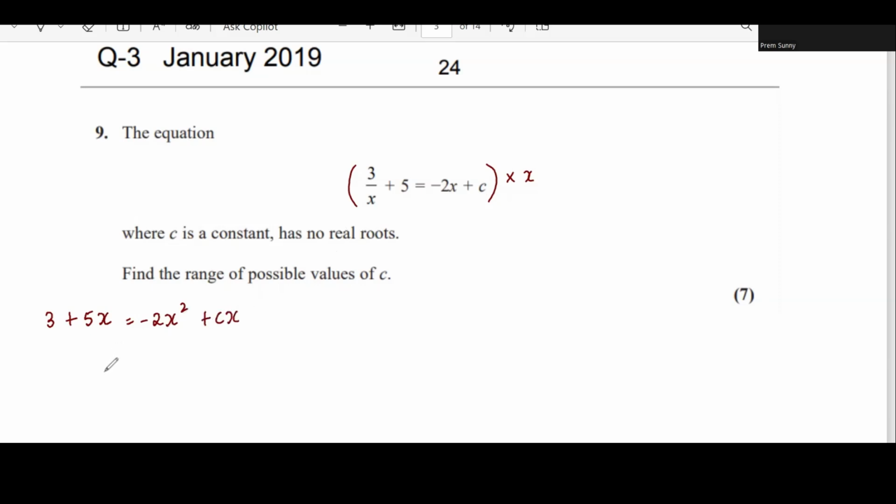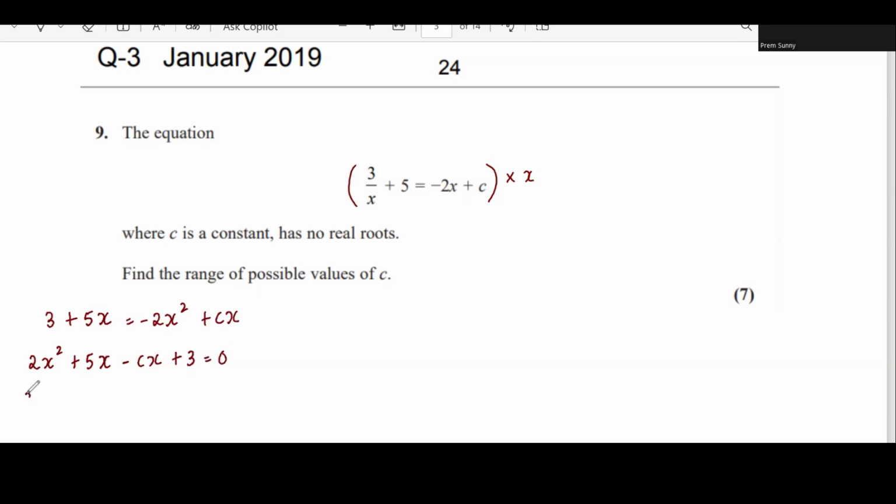Bring all the terms to one side. When you are bringing the terms to one side, make sure that the coefficient of x² is positive, so that the calculation will be easy. -2x² goes to the other side, becomes positive 2x², plus 5x. Positive cx goes to the other side, it becomes -cx, and then there is a positive 3.